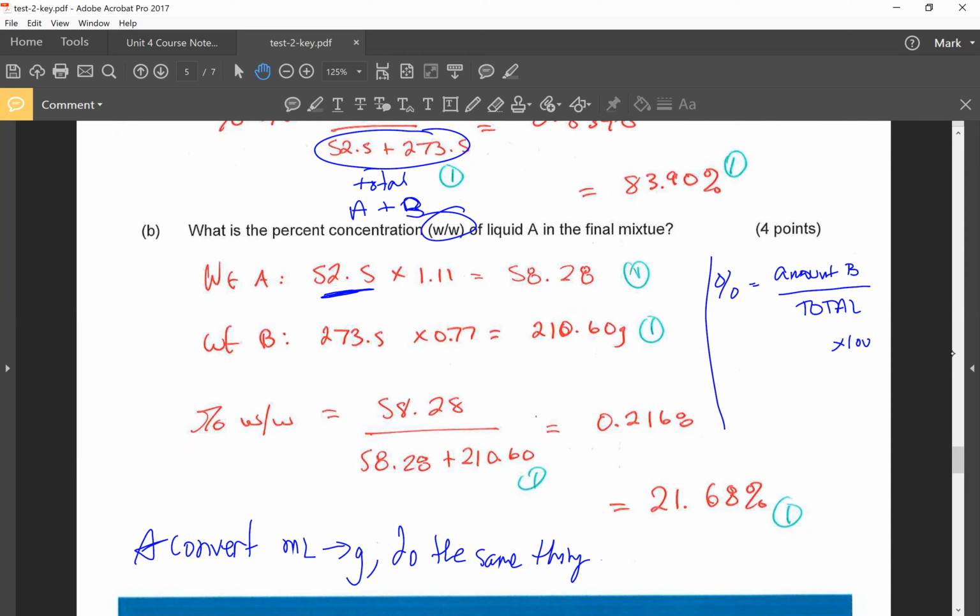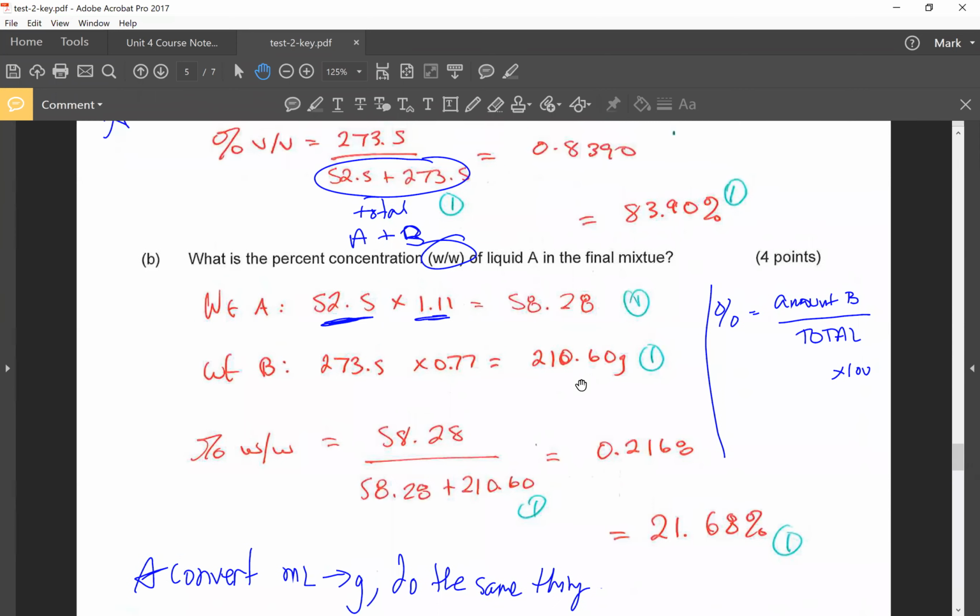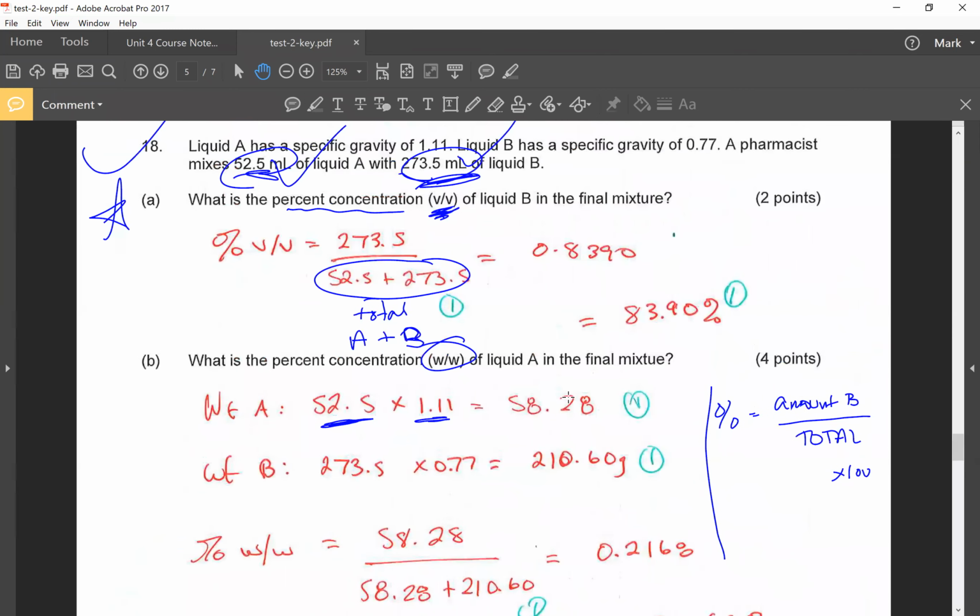So the milliliters times the specific gravity. And all that's from the question above. And a lot of people did this. So the weight of A is the 52.5 milliliters times its specific gravity. So this would be 58.28 grams. The weight of B would be the 27.3 times its specific gravity, and this would be in grams.